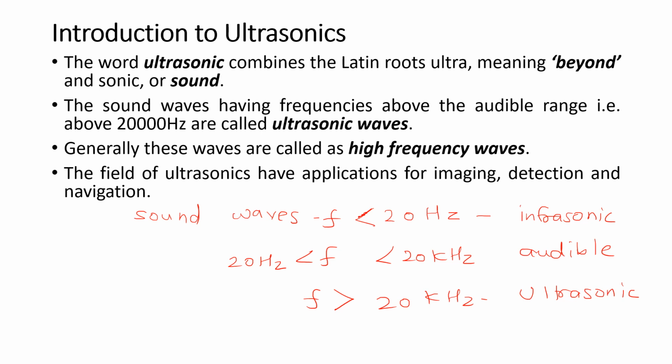So these are the frequencies of sound waves which are beyond the audible limit of human beings, that is above 20 kilohertz. So these are high frequency sound waves. These ultrasonic waves have wide applications for imaging, detection and navigation.